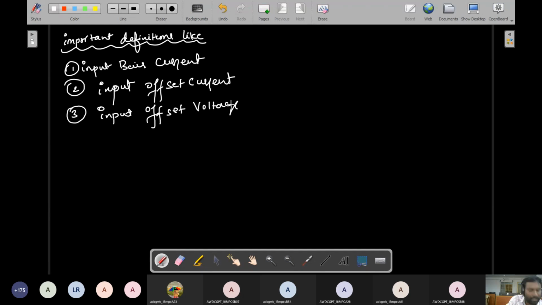These three definitions we discussed in yesterday's class.